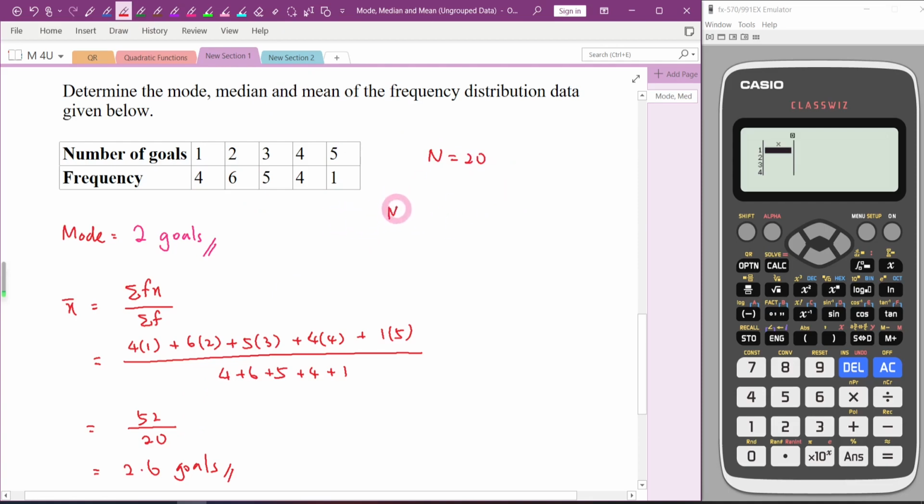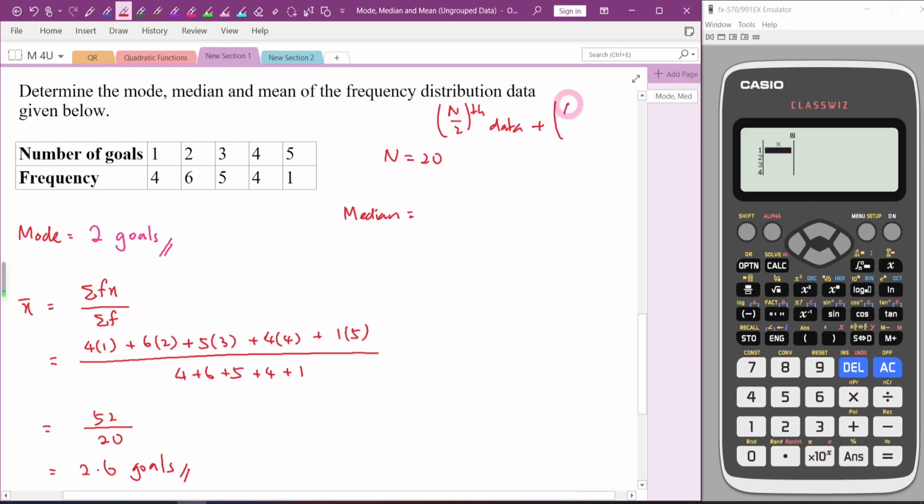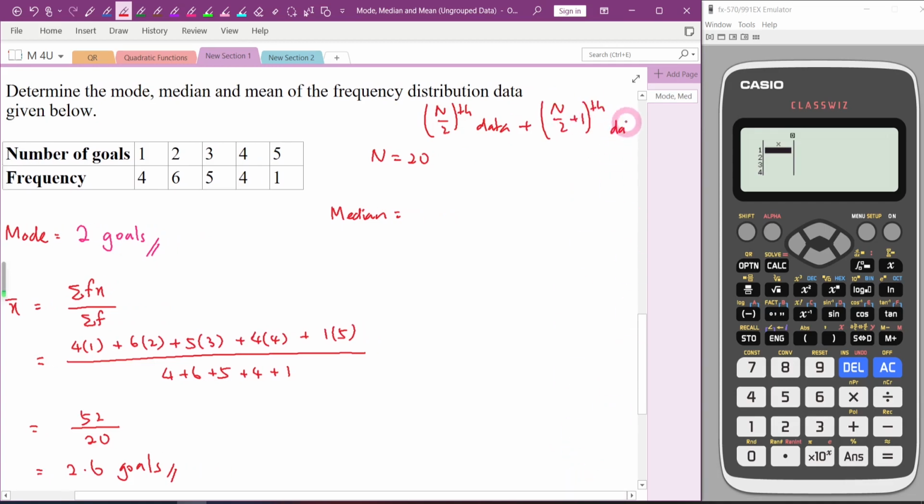Median, let me write over here, median. So again, you can use a formula like this because this is an even number, right? Then divided by 2, you can use this formula, or you can just use n plus 1 divided by 2.